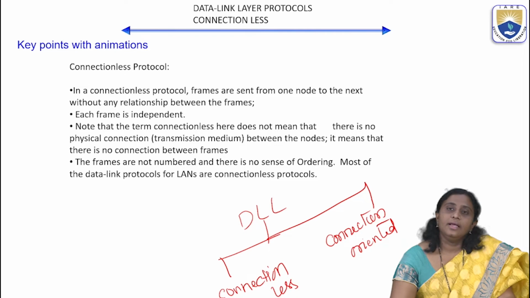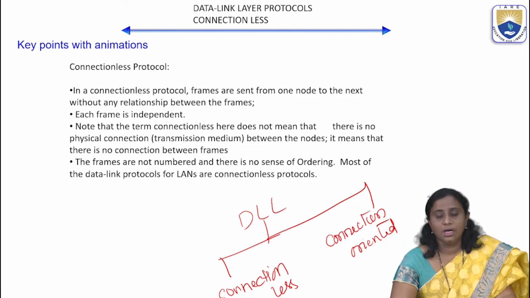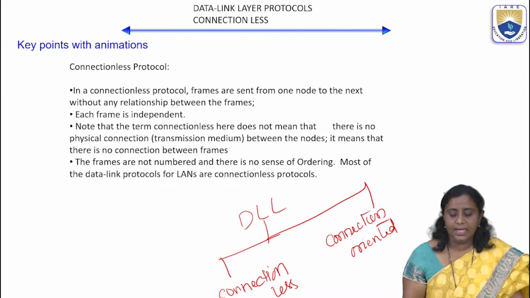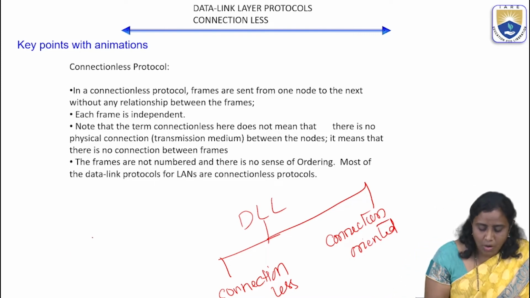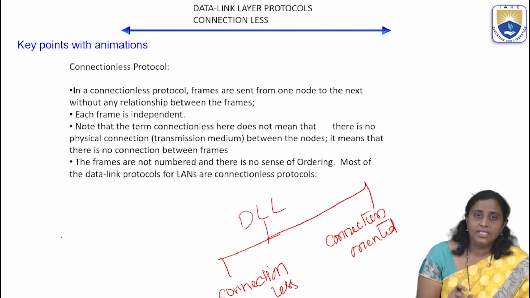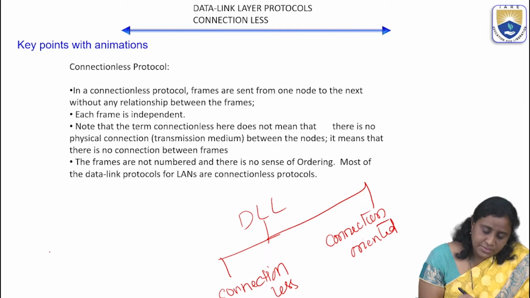In a connectionless protocol, the frames are sent from one node to the next node without having any relationship between the frames. Suppose any frames or packets need to be transmitted from one sender to the receiver, they will have a need to set a certain path.